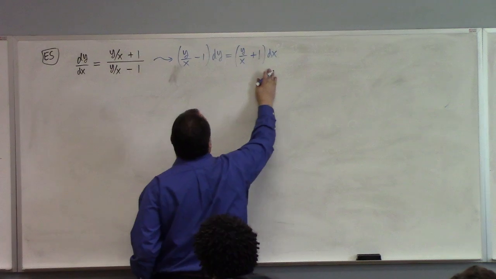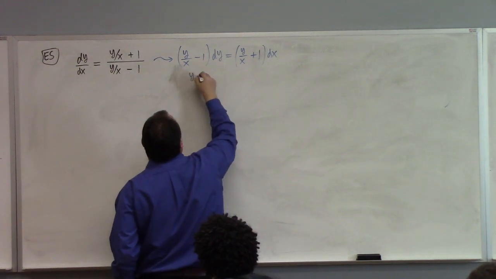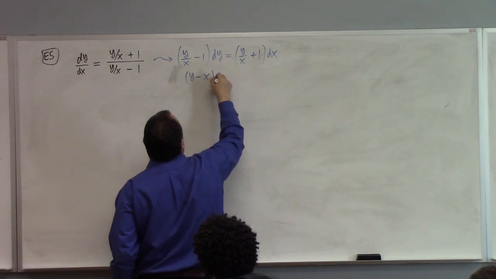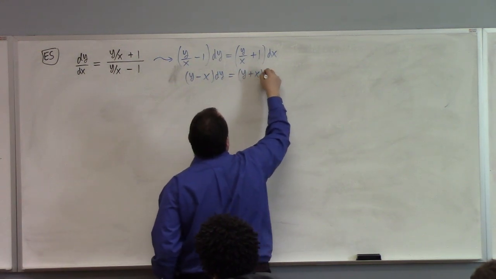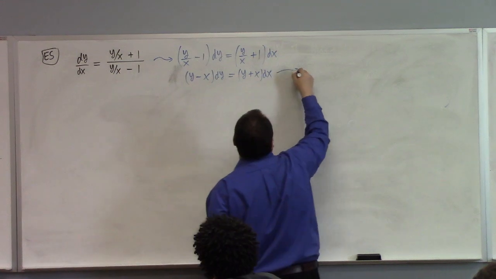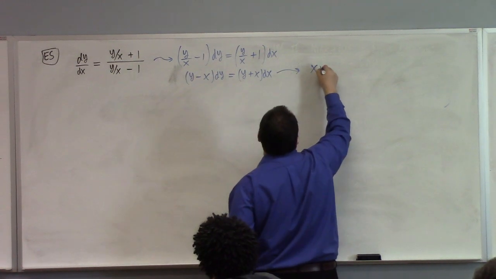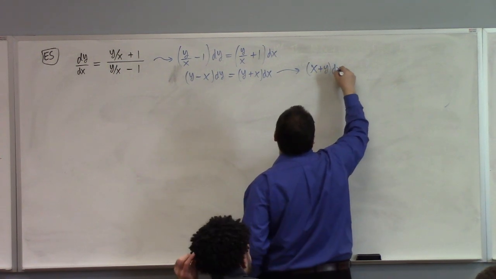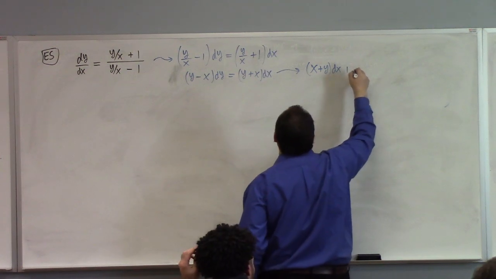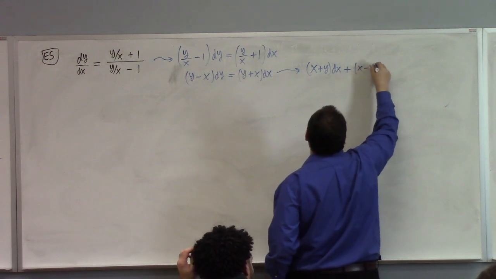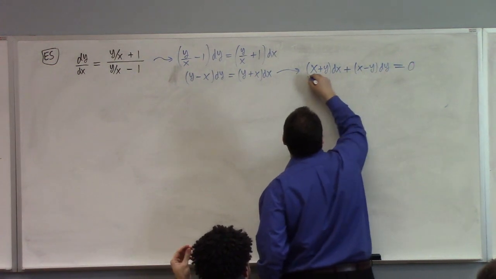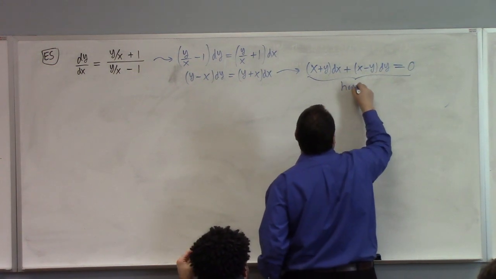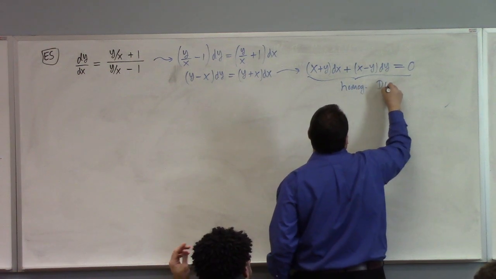If we multiply this by x, we get (y minus x) dy is equal to (y plus x) dx. Or if you like, we could write it as (x plus y) dx plus (x minus y) dy, okay? Like this is a homogeneous differential equation.